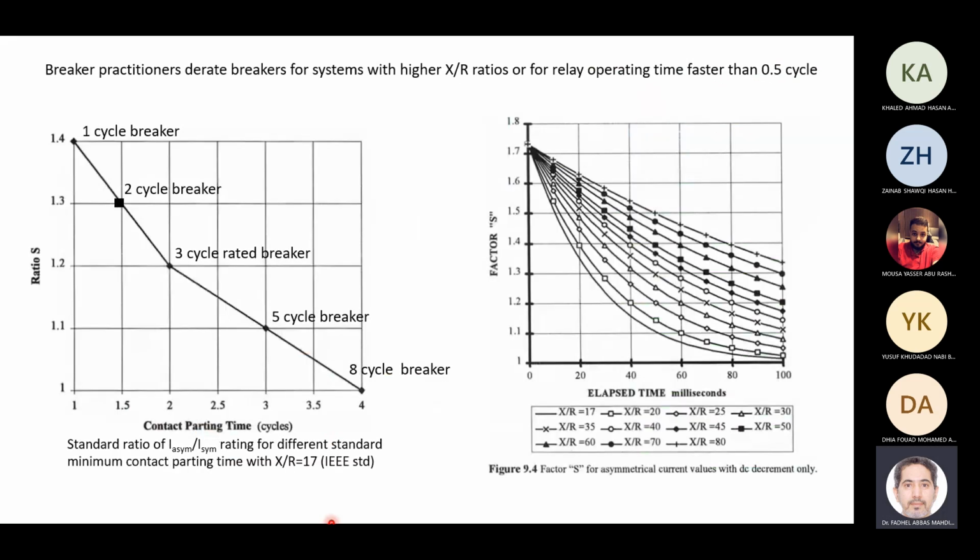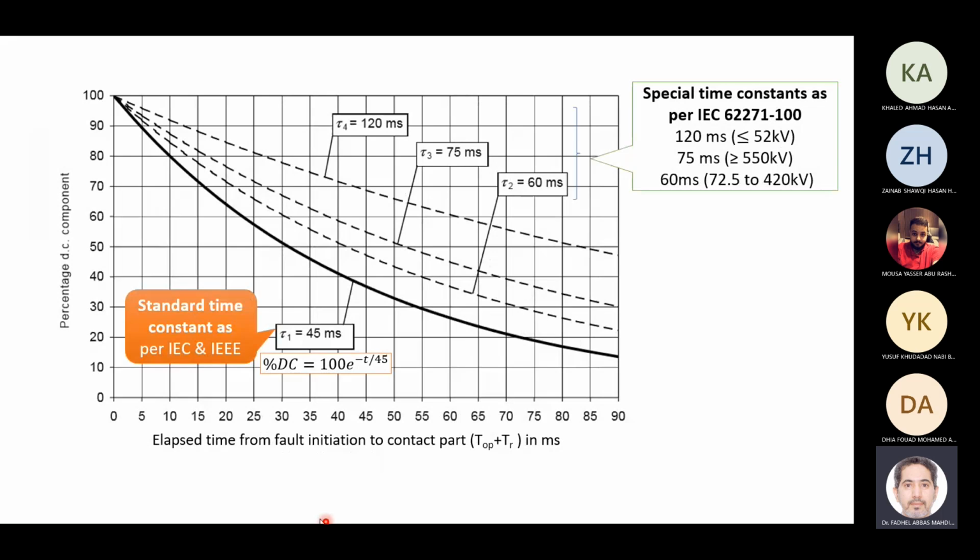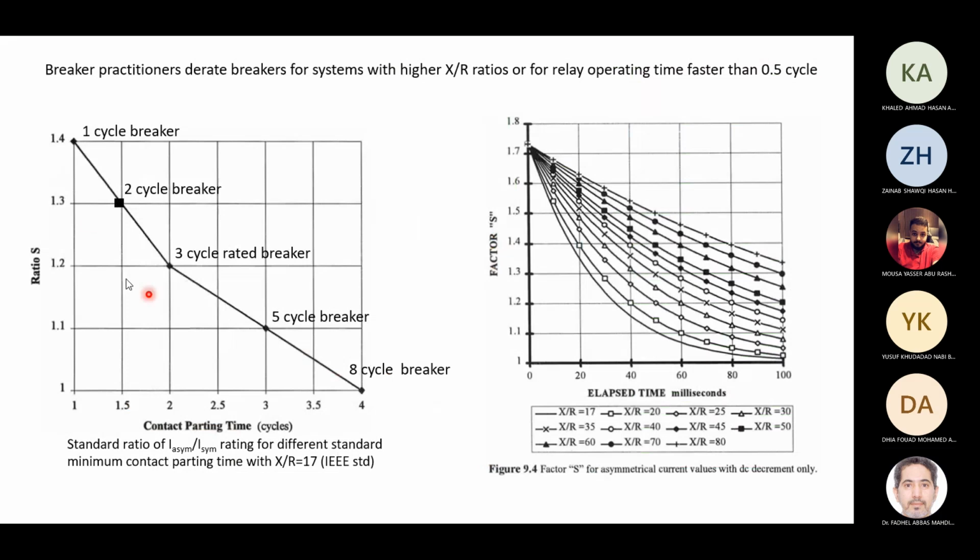Now, how do we know the contact parting time? Most of the manufacturers will give you the circuit breaker total interrupting time, which is from the relay, from when the circuit breaker coil is energized. Once a relay sends a command to a circuit breaker, from this moment to fault clearing time.